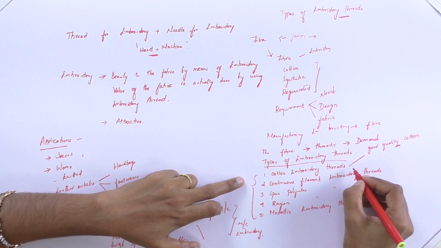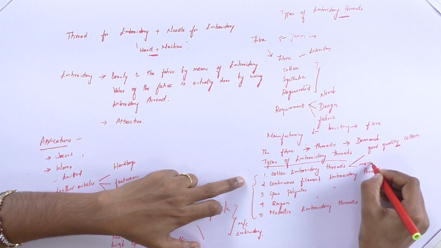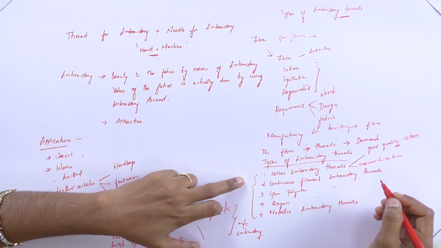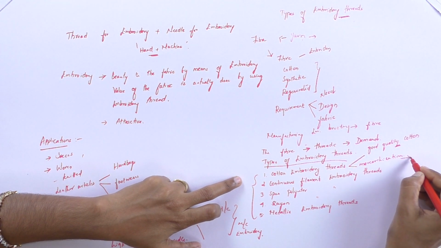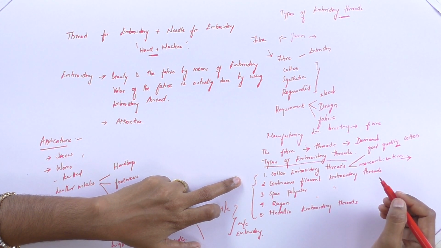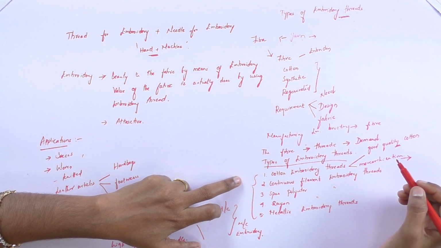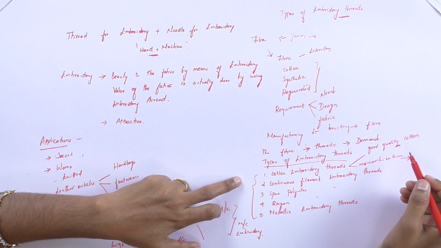Actually, this cotton goes under a process called mercerization, where a certain chemical process takes place which makes the cotton fibers improve their luster and softness.